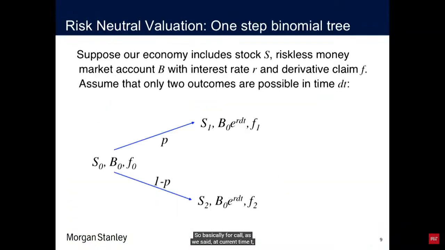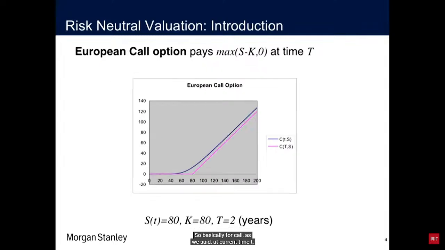graphically. So basically, for call, as we said, at current time t and boundary 0, the price should be 0, and at infinity, it should actually be the forward price.